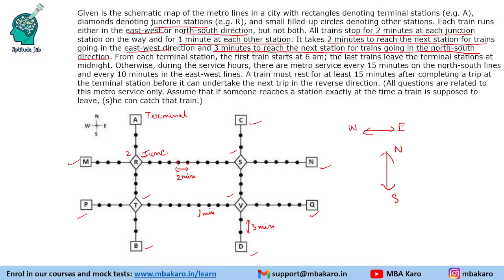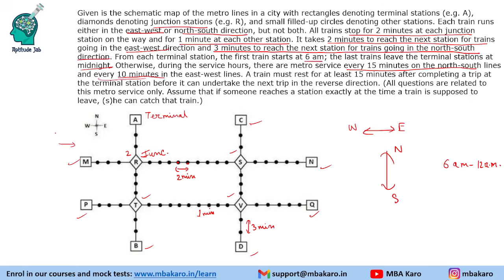From each terminal station, the first train starts at 6 a.m. The last train leaves the terminal station at midnight. So trains run from 6 a.m. to 12 a.m. That is the duration of the service. During the service hours, there is a metro service every 15 minutes on the north-south lines and every 10 minutes on the east-west line.